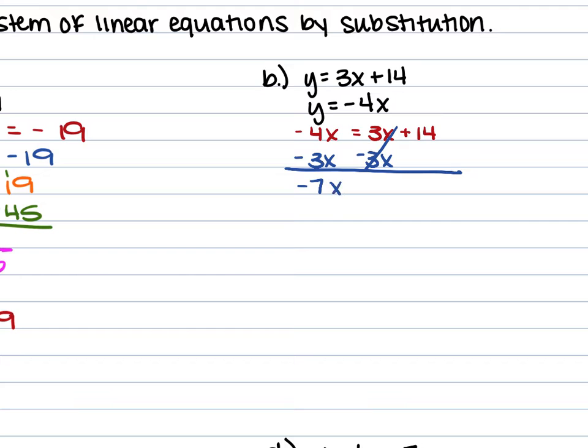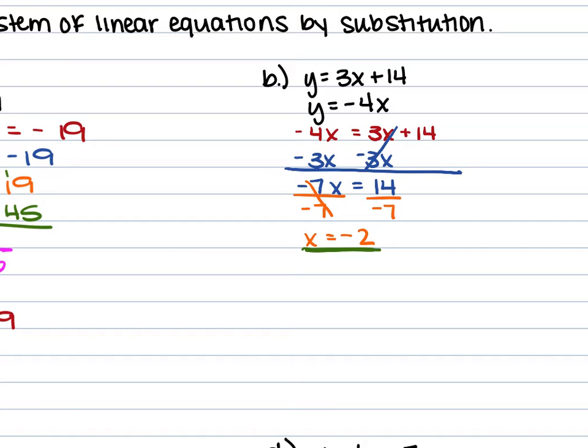We have negative 7x is equal to 14. We then divide each side by that negative 7 to get that x is equal to negative 2. We have an x is equal to, I'm just going to underline this to keep it in mind that I have an x value already.